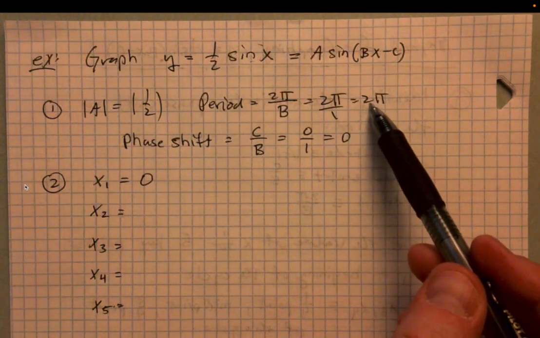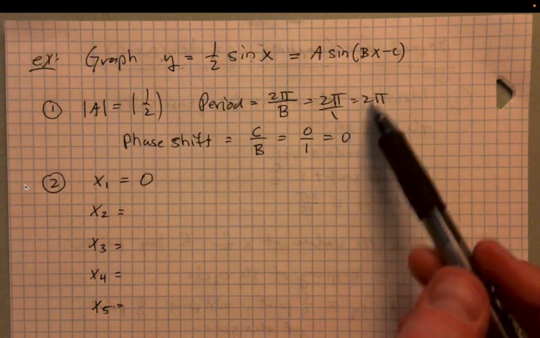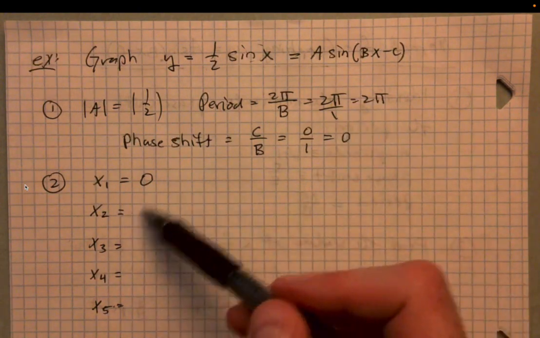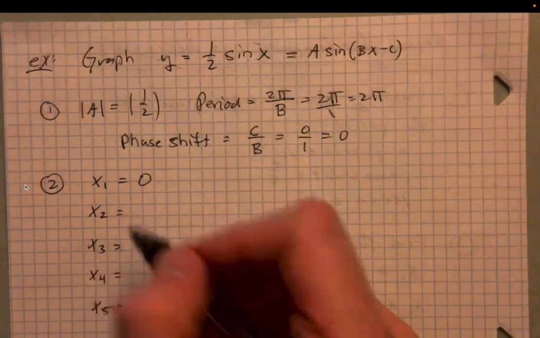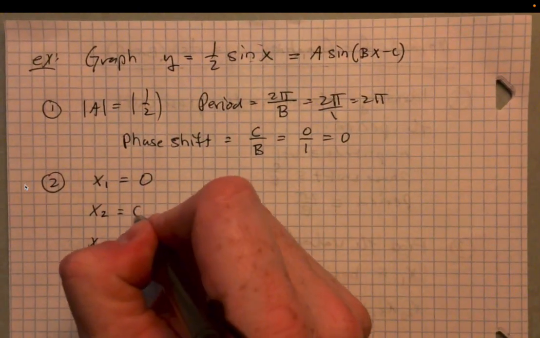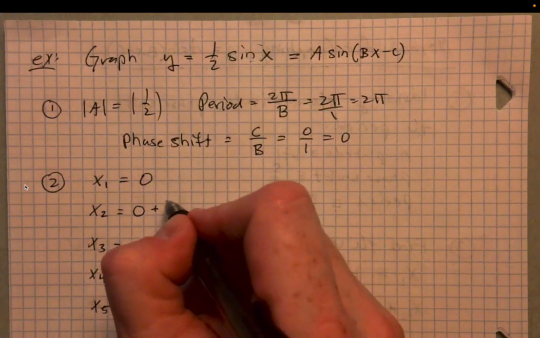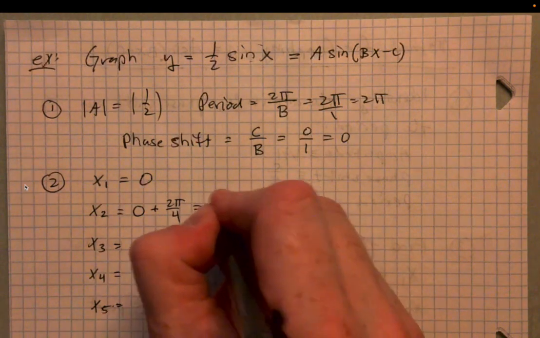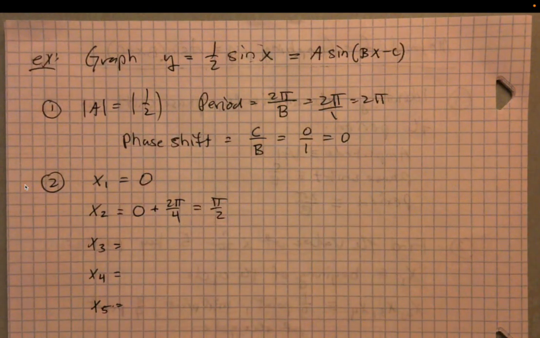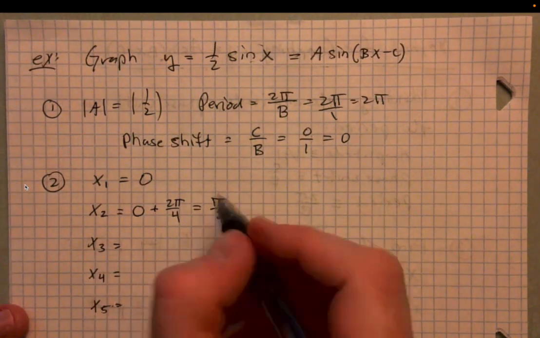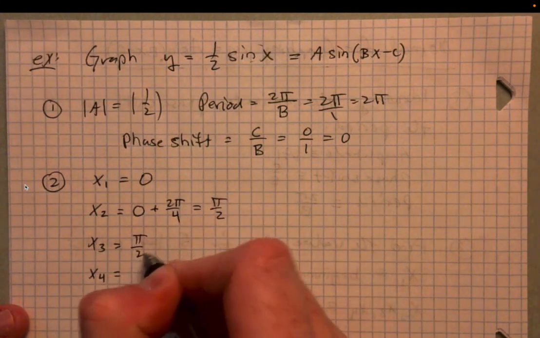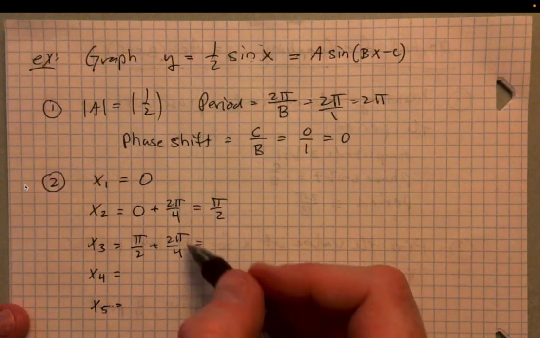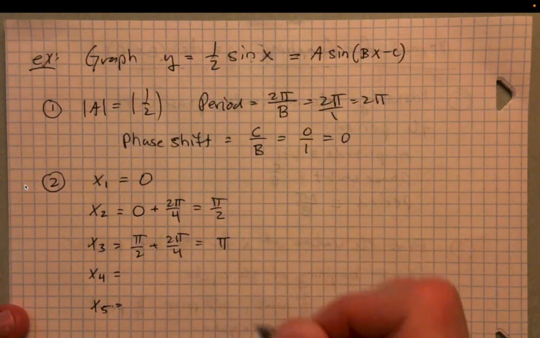I can use 2 pi over 4, whatever the period happens to be divided by 4, and add it to the previous point. So the second point is 0 plus 2 pi over 4, which is pi over 2. The third point is pi over 2 plus pi over 2, which is pi.